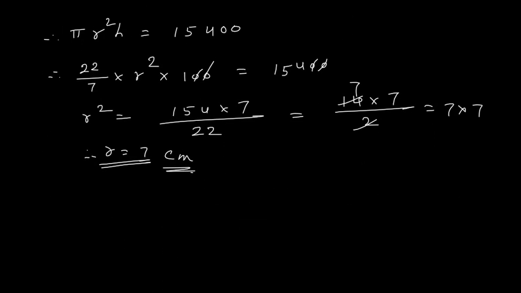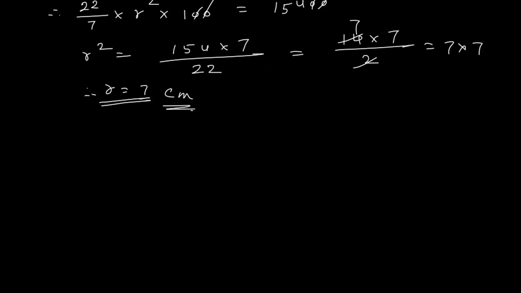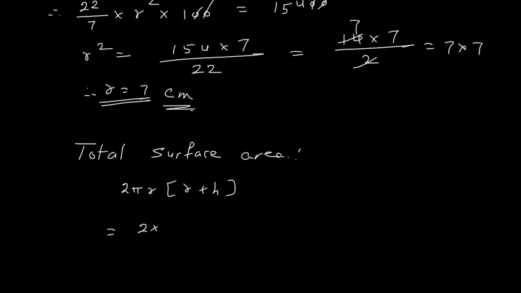I got the radius. So once I got the radius, I can find out the total surface area. I hope you know, you have done this while doing surface area problems. It is 2 pi r in bracket r plus h. So 2 into pi, which is 22 upon 7, into r, which is 7, into 7 plus h, which is 100.